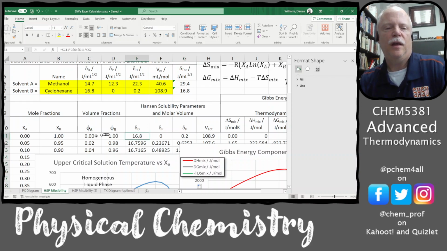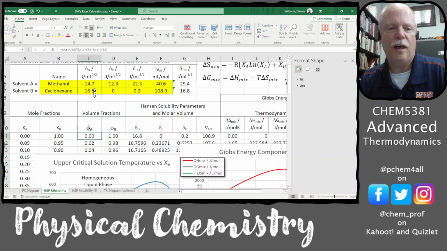So it's the volume fraction of A times the D value for A plus the volume fraction of B times the D value for B. So you can see those cells there. Might be easier if I double click up here.